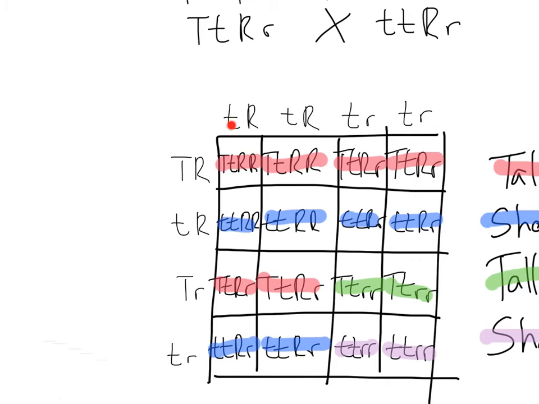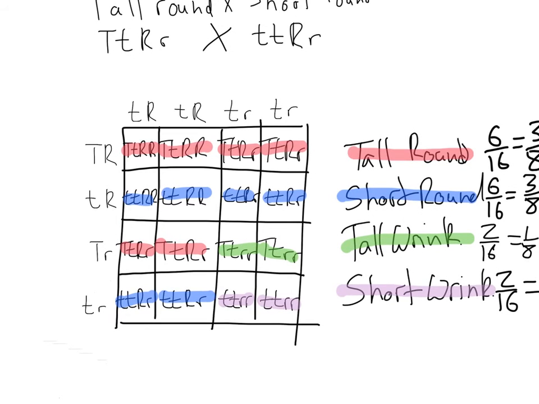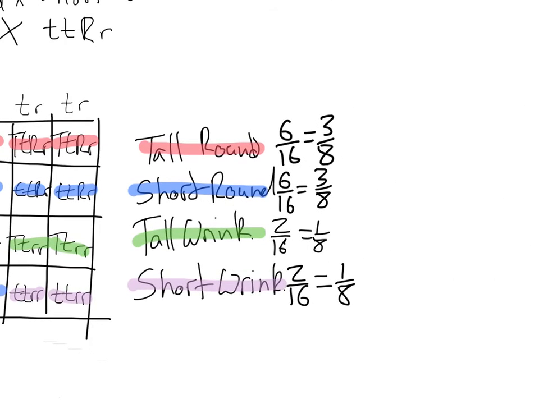This one over here, little t, big R, little t, big R, little t, little r, little t, little r. We fill in the Punnett square like I did here, and then from that we can figure out what proportion of the offspring are going to have each trait.